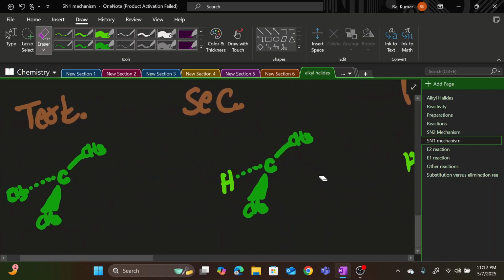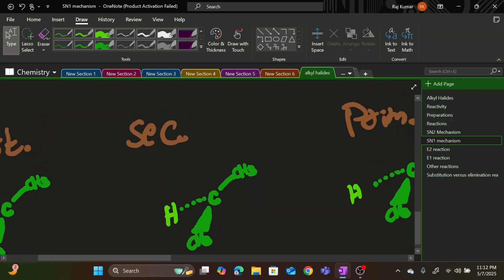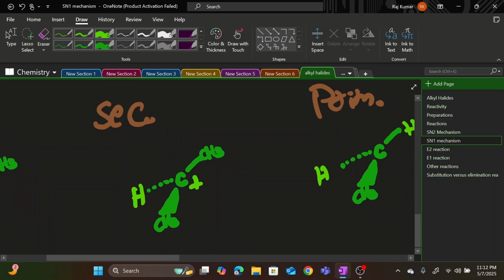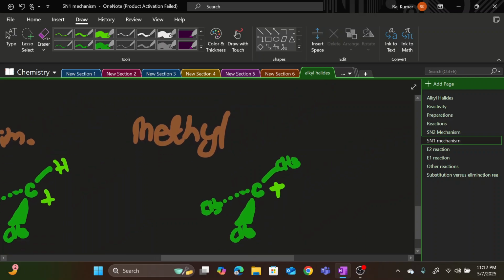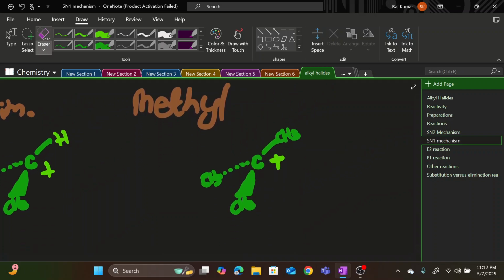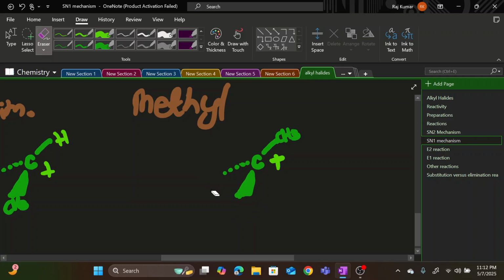It's an unstable species, right? So I'm not going to draw the halide over here. Here's a positive charge, and this is about it.